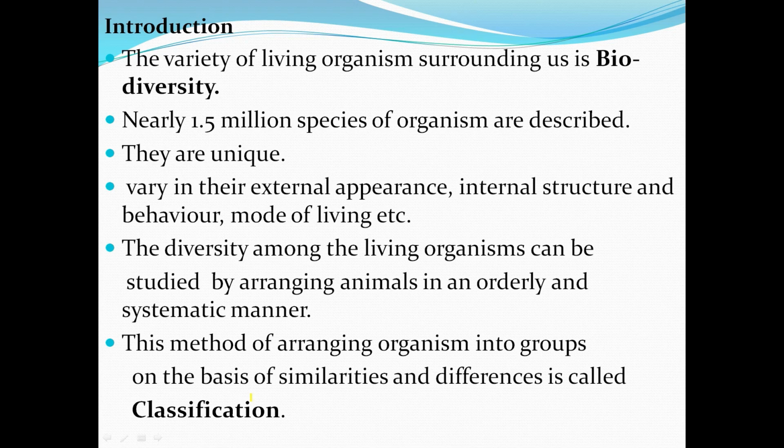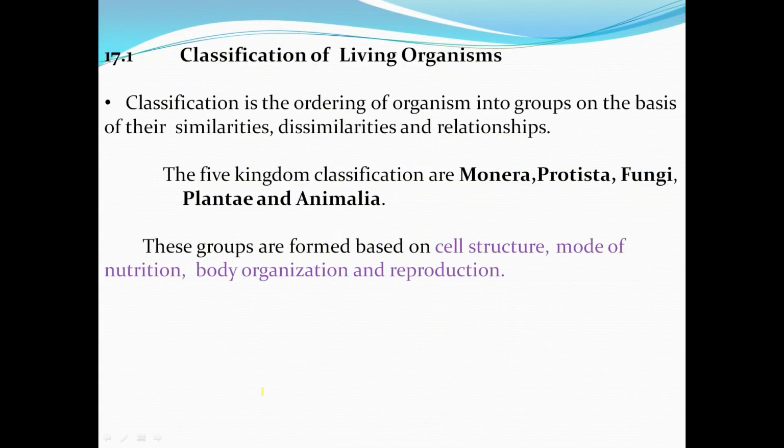Similarly, the method of arranging organisms into groups on the basis of similarities and differences is called classification. So classification is the ordering of organisms into groups on the basis of their similarities, dissimilarities, and relationships.